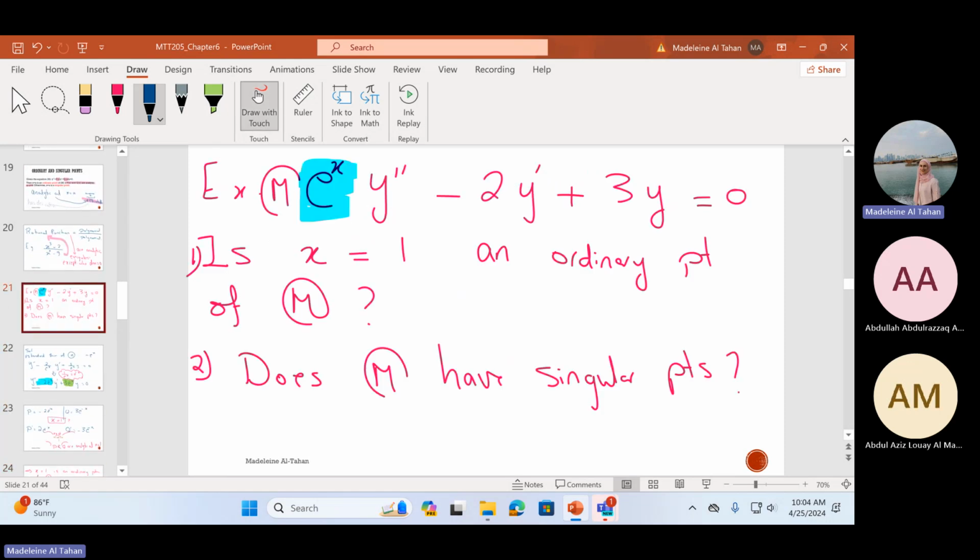Okay, let's look at part 2. What are we being asked? Does it have singular points? What do you think? If yes, what are the singular points? And if no, why? Of course, in the exam I will usually add "justify your answer."